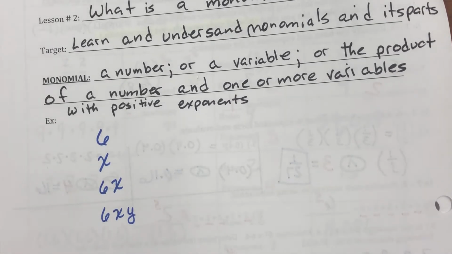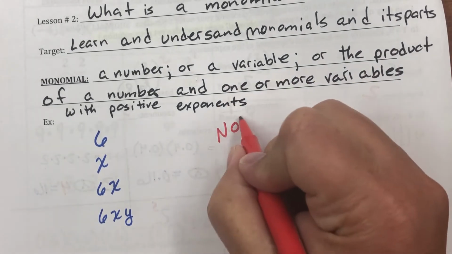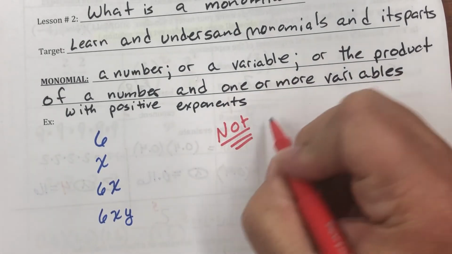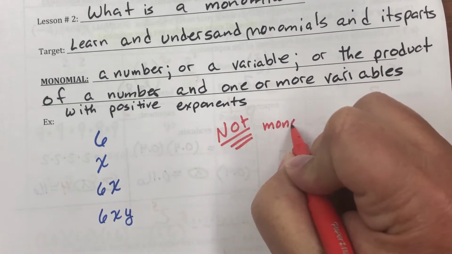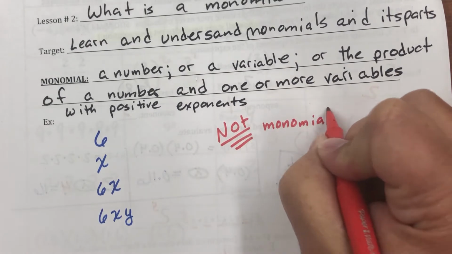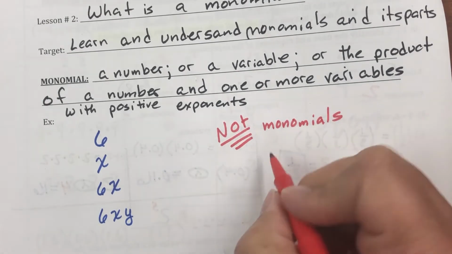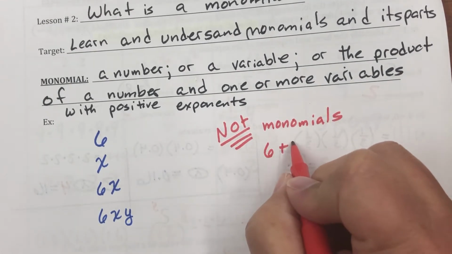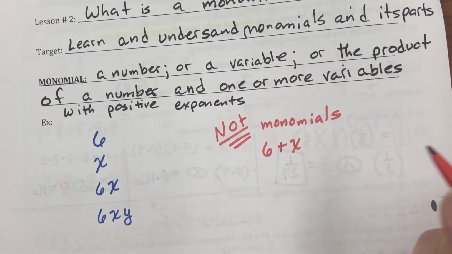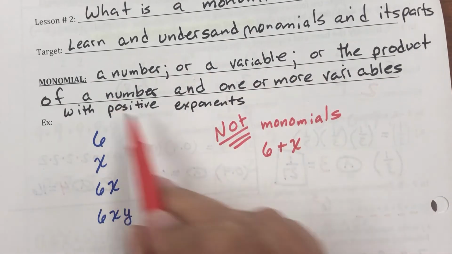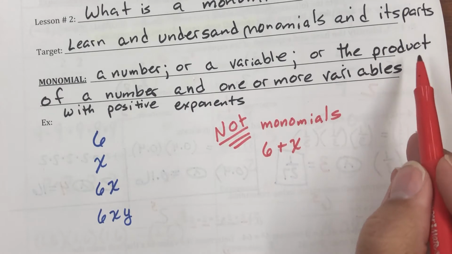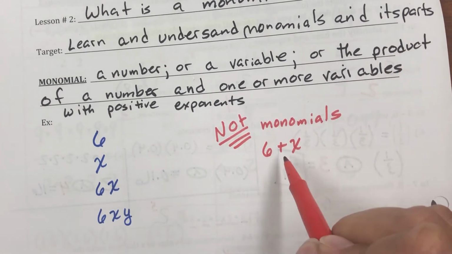Now, there's some things that are not monomials. So what's a not monomial? 6 plus x. Blech, not a monomial. Our definition talks about product, and product is multiplication, and that's addition.